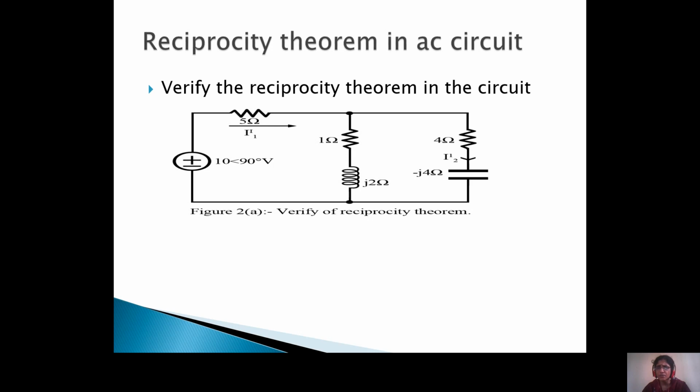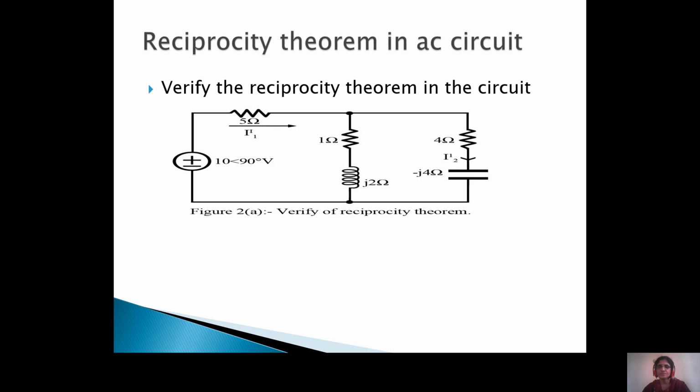And whatever current flows through the 1 ohm, the same current flows through the J2 ohms. So 4 and minus J4 are in series and 1 and J2 are in series. These combinations are in parallel, and both are in series with the 5 ohm resistor.